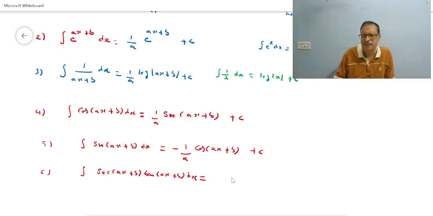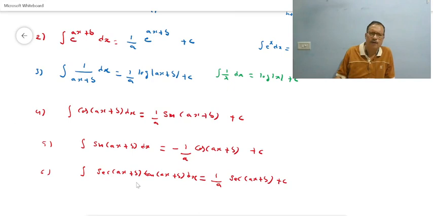Simply write secant of ax plus b, but we have to write the x coefficient, that is a, in the denominator. So integral of secant of ax plus b tan of ax plus b dx is equal to 1 by a into secant of ax plus b plus constant. Similarly, you can write other results also. Thank you.